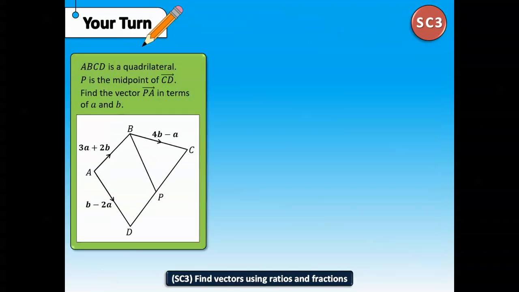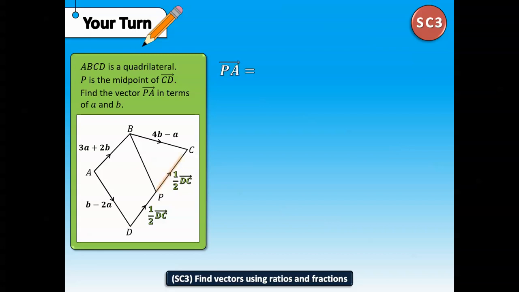So for the green question, we want to find the vector PA in terms of A and B. Now D to P is a half of DC, and P to C is also a half of DC.